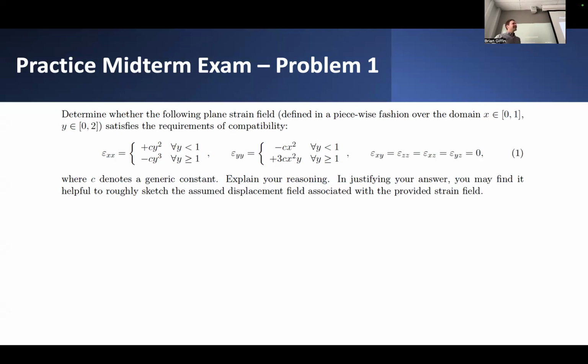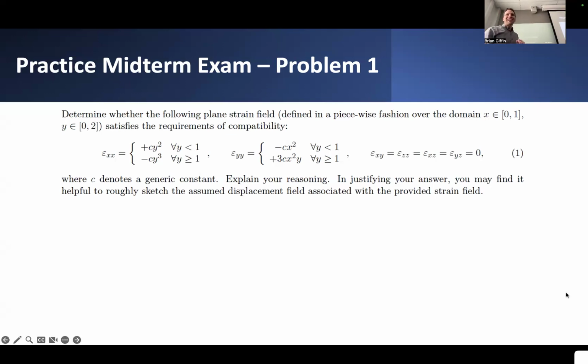So let's try doing the compatibility equations first, just for the sake of argument, because we already have the strains. We may as well do this first. So how do we do that for this particular problem? First of all, what are the compatibility equations in 2D? Maybe it's in your notes somewhere.